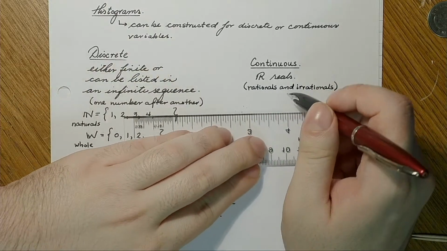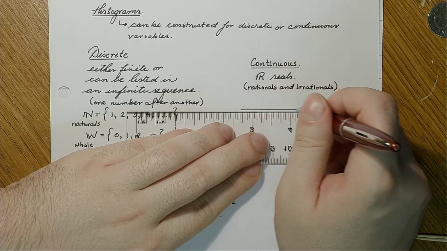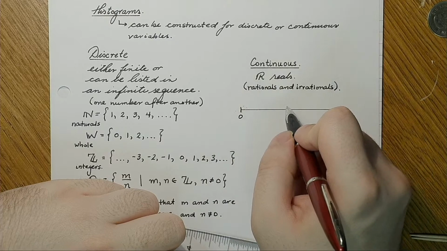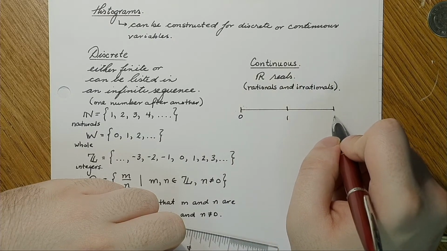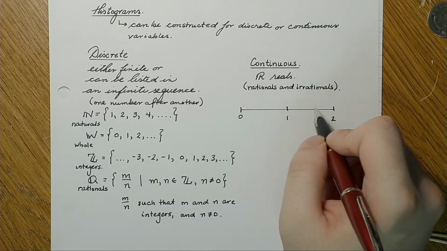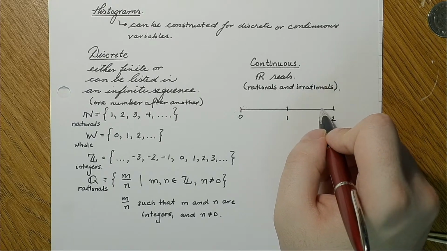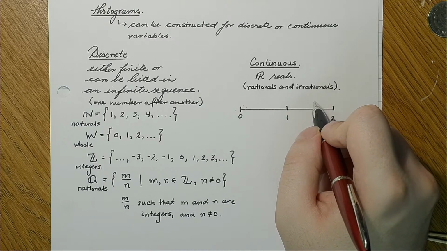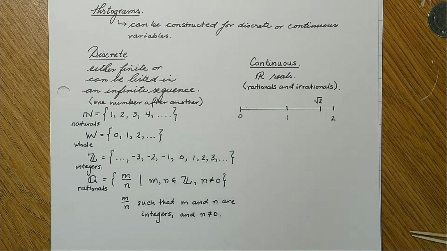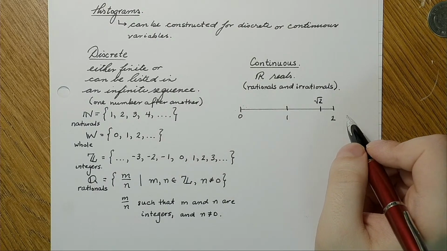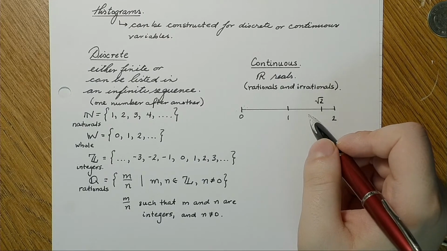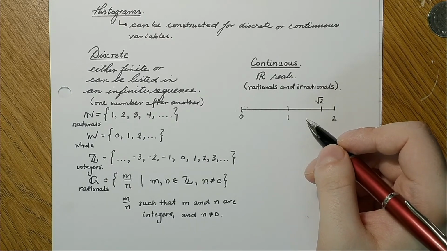So over here, I can draw, say, a number line. We'll go from 0, let's say 1, and here's 2. And here's an example of an irrational number, which is square root of 2. And that's a number, square root of 2, that we can't express as a fraction.